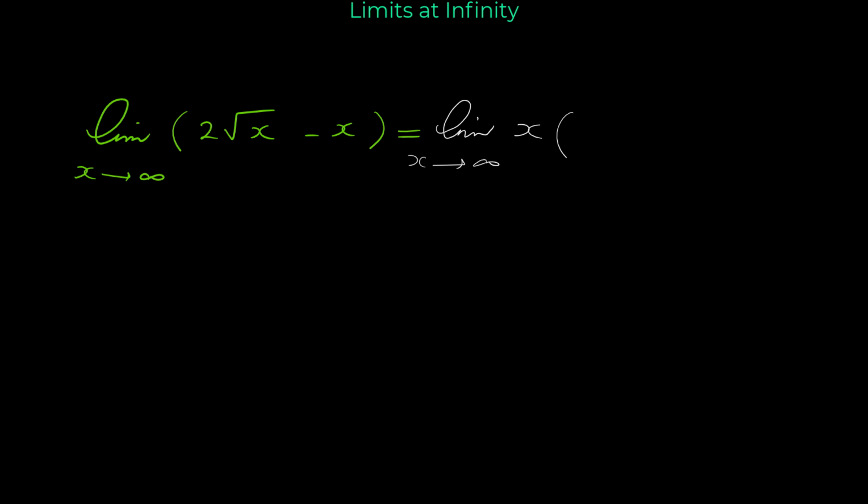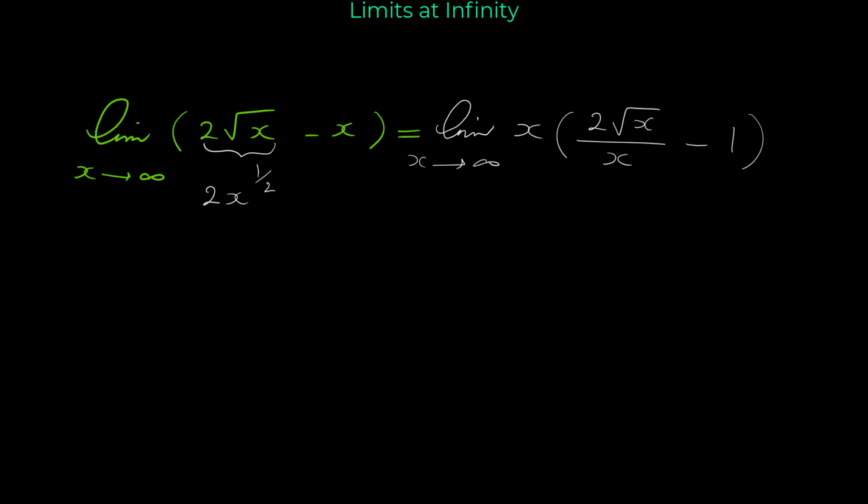By factoring x, or actually x to the 1, and attention, this term is 2x to the 1/2. What we get inside the bracket is 2 radical x over x minus 1. We factored x, so because we factored x, we have to divide this term by x.